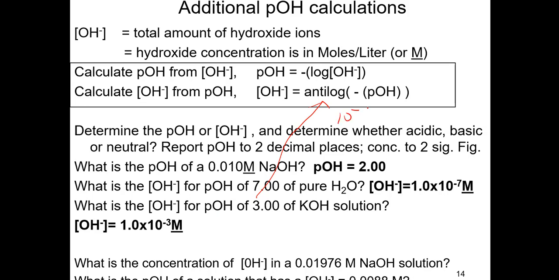So 10 to the negative 7 for antilog, and then that gives you the hydroxide concentration, 1 times 10 to the negative 7 molarity. You'll notice we have different ways of writing the same thing, which I'm sure you guys will love. You have plenty of options of how to represent the data. Another way to do it is like this. They both mean the same thing.